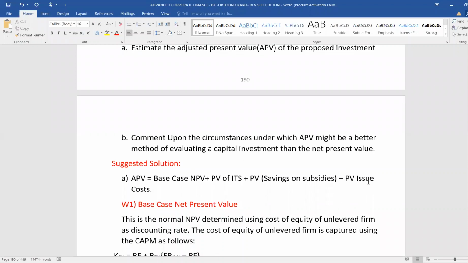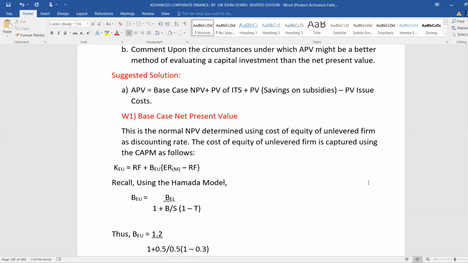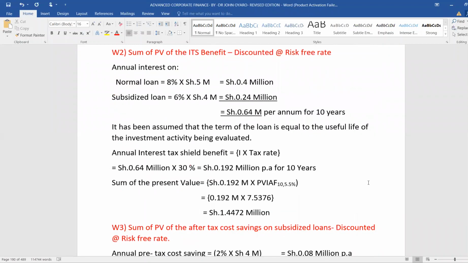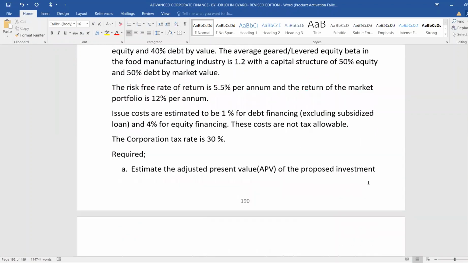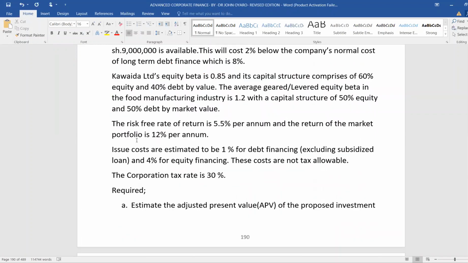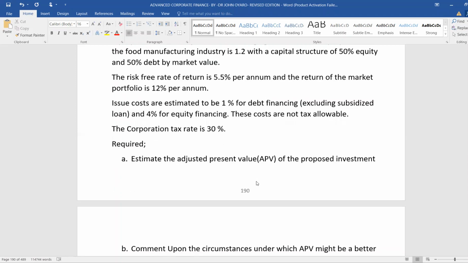I think it was very clear in the last paragraph of the question: issue costs are estimated to be 1% for debt financing, excluding subsidized loans. Out of the 9 million debt, 4 million is subsidized, 5 million is normal loan. So 1% of the 5 million is the issue cost on the debt.